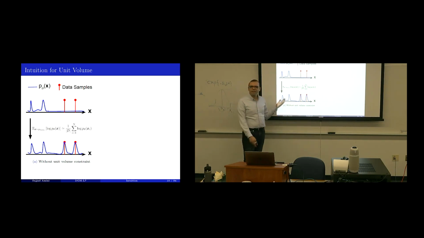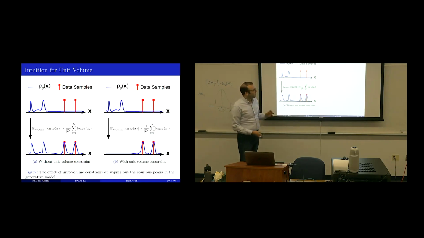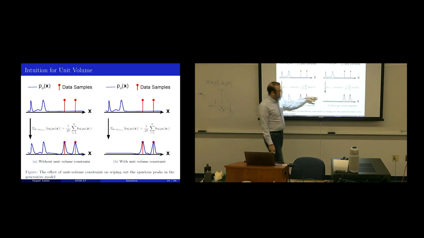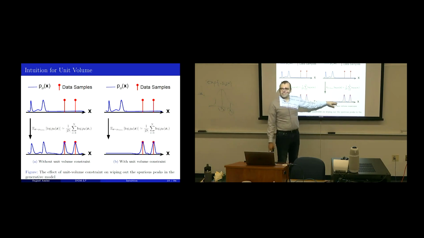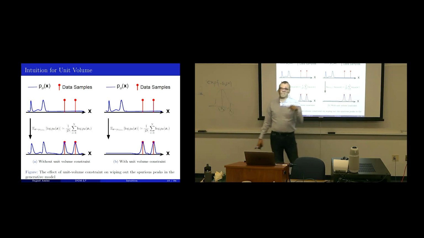For example, if you train over images, these peaks are on images which are not understandable, because the data is not probable here. When you have a limited budget, meaning the area must equal 1, the model is forced to zero the spurious peaks to provide new peaks in your data samples.